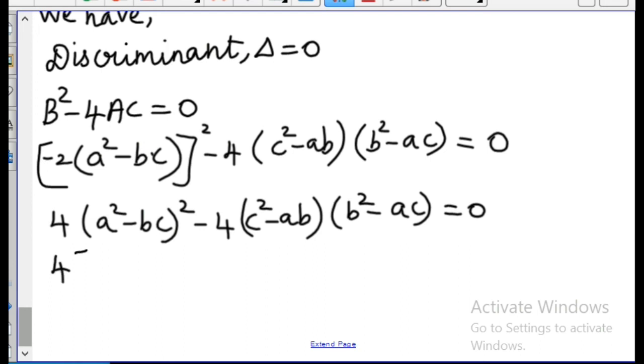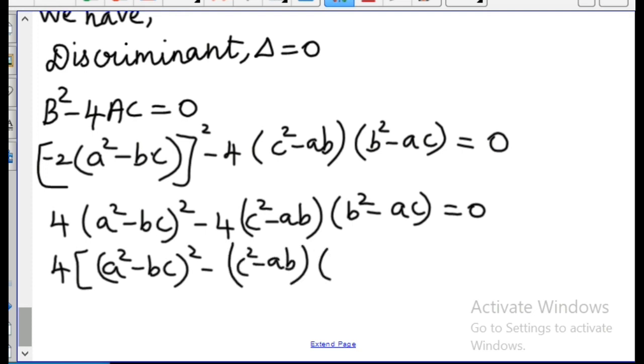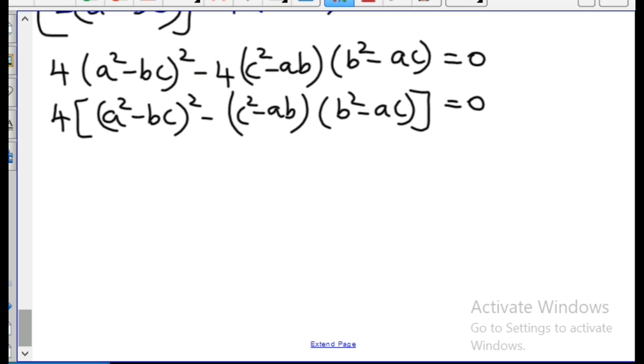So take 4 outside. A square minus bc whole square minus c square minus ab, b square minus ac equal to 0. When bringing this 4 to the other side, it will become 0.